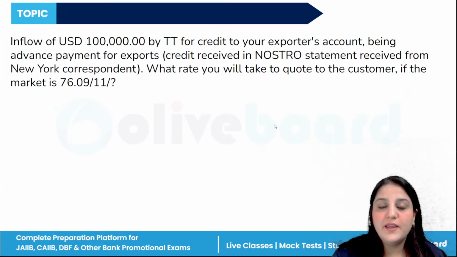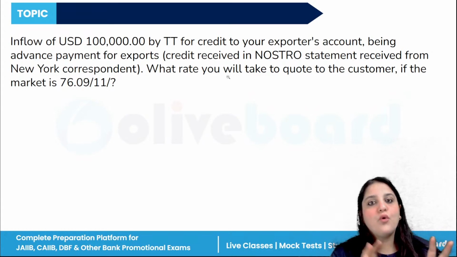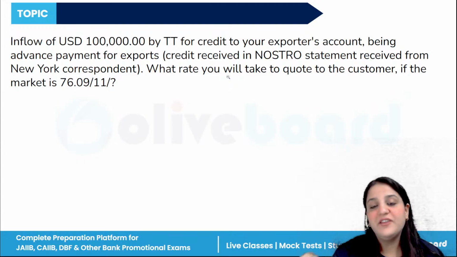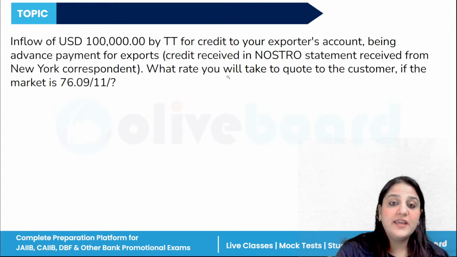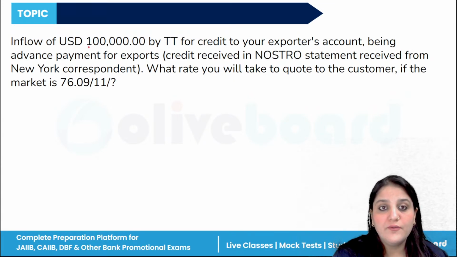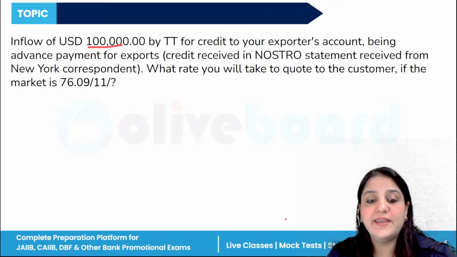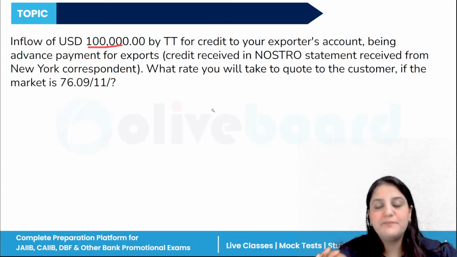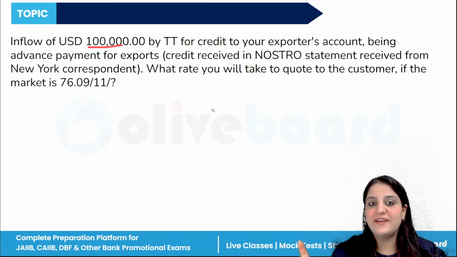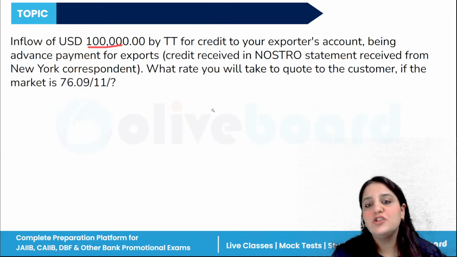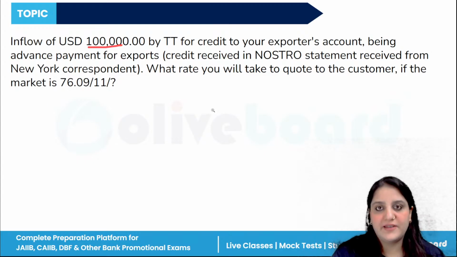To quote our rate, the customer has to have the rate here, and if the bank buys US dollar 1 lakh, then the INR rate is given, meaning the market US dollar and INR rate is given, and the transaction type is inward remittance because the bank uses the buying rate, and it will deduct the margin obviously.